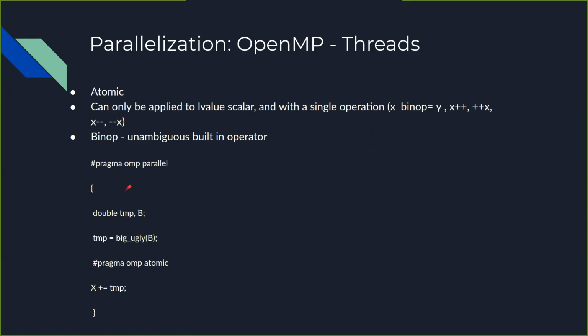So once again we define all these threads, and both of these operations continue in parallel, and once they are done, only the value of x is updated atomically. This is ensured by the operating system. This is something that OpenMP does not have to worry about. So hence there are only some operations which can be used in this pragma.